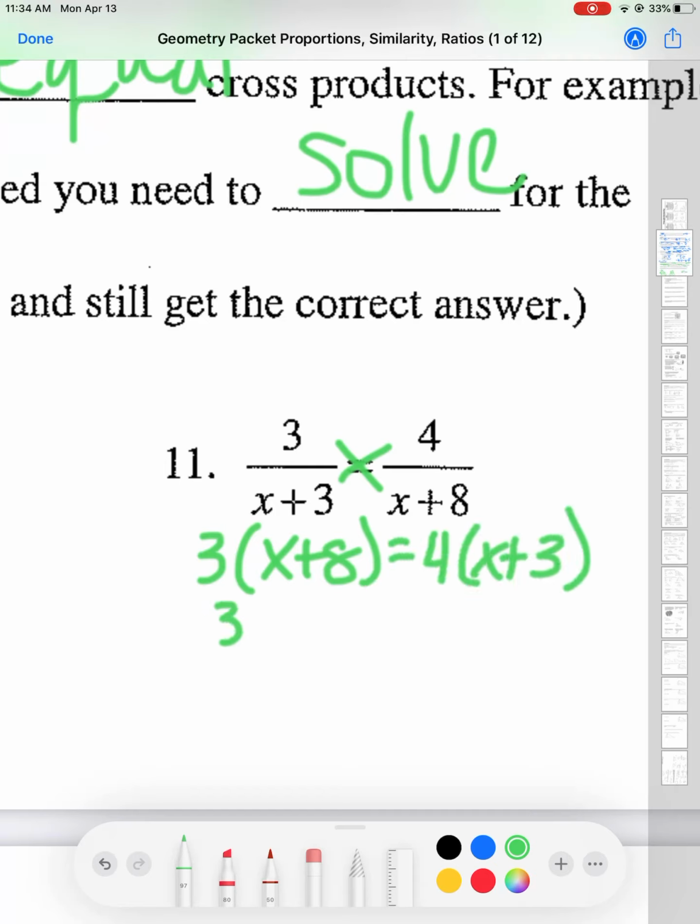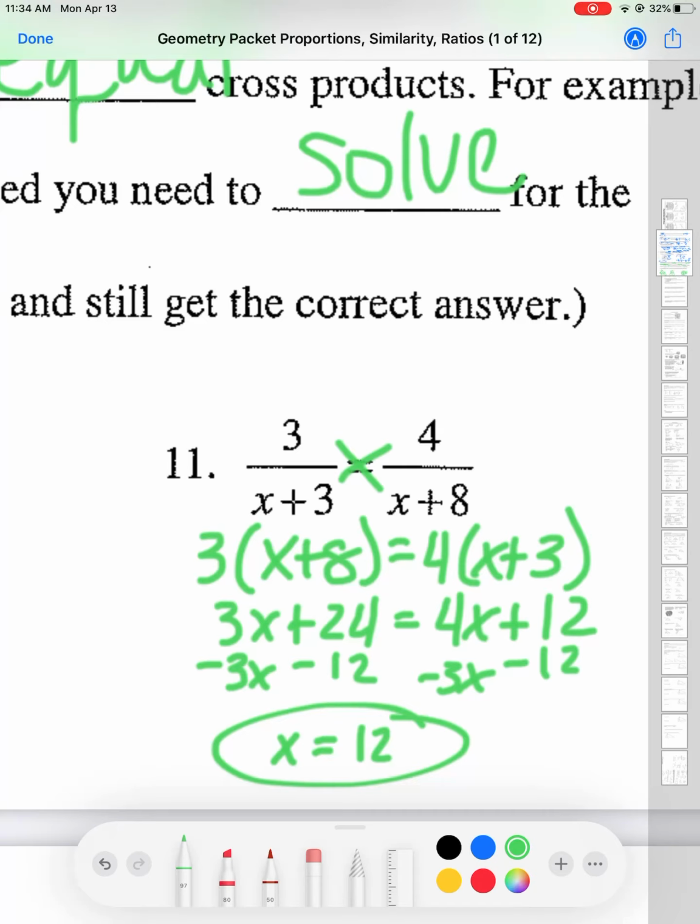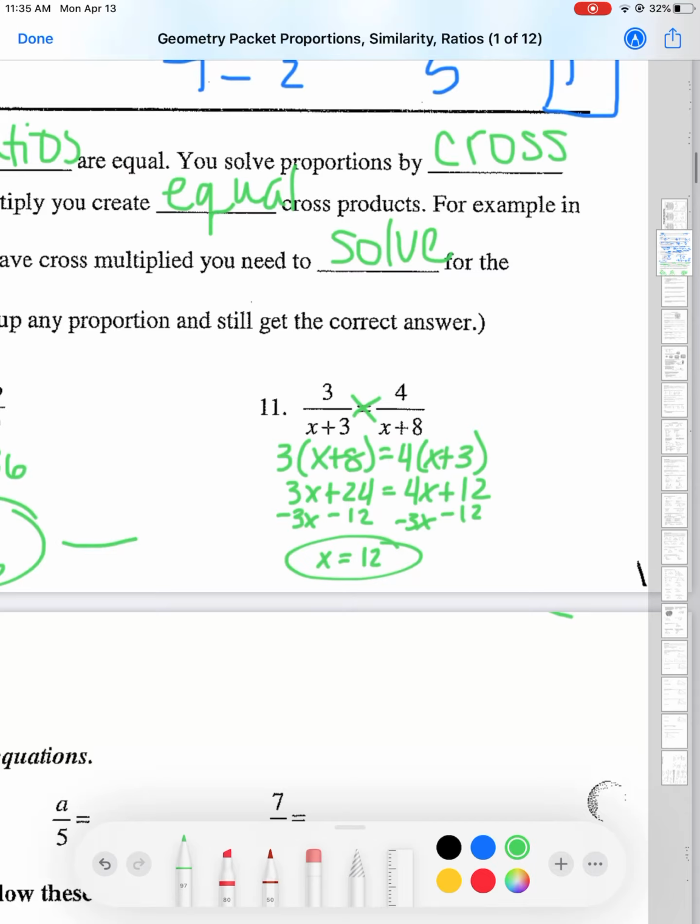Then I'm going to subtract 3x from both sides. And then I get x equals 12. Okay, so all stuff that you guys have been doing.